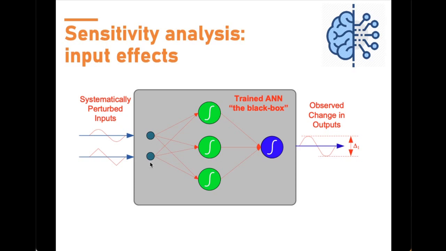By measuring how sensitive the model predictions are to variations in the specific input variables, we can assess the relative importance of those variables for the performance of the model.